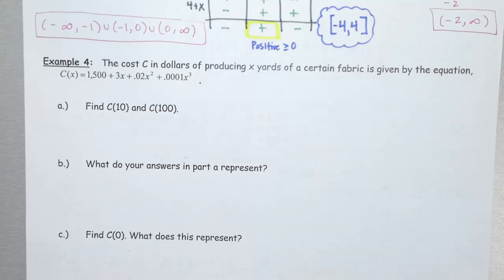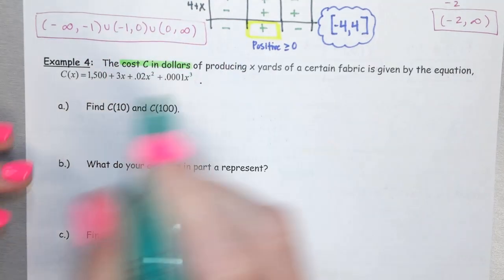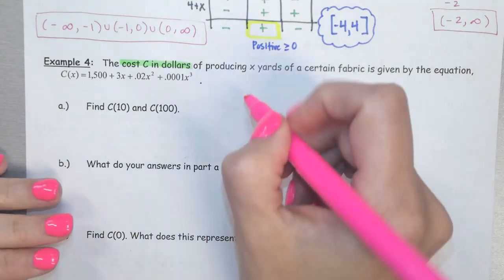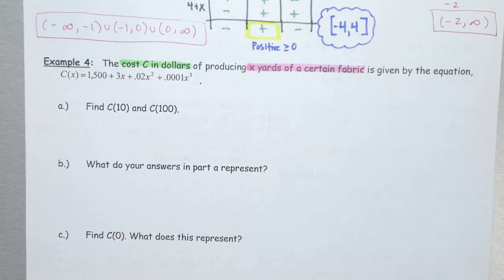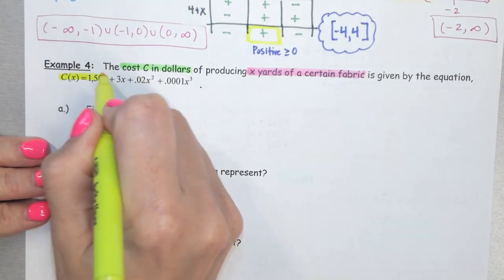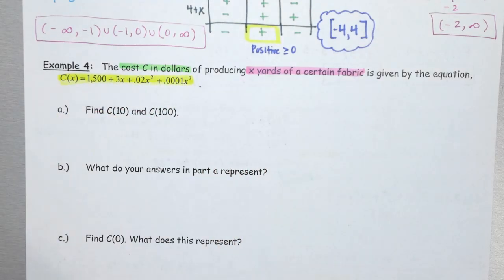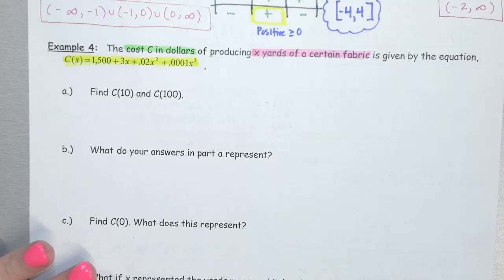So it says the cost C in dollars of producing X yards of a certain fabric is given by the equation C of X is equal to 1500 plus 3x plus 0.02x squared plus 0.0001x cubed. And then we have to find C of 10 and C of 100.